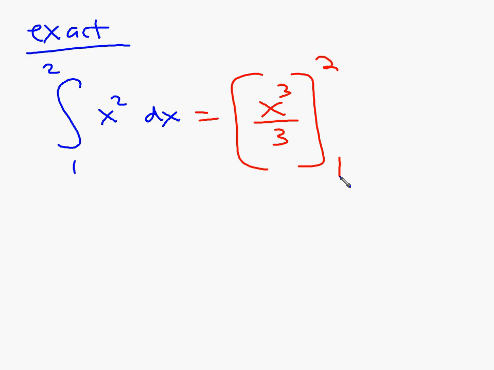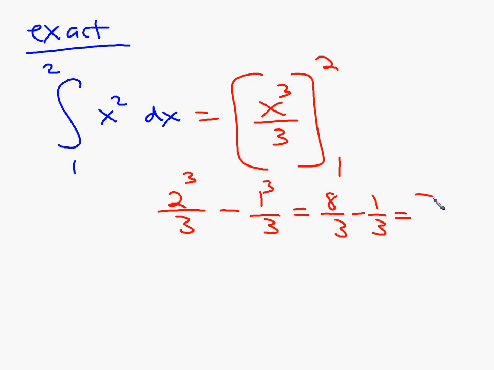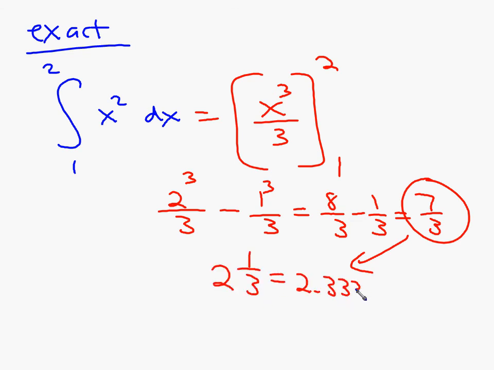So that's going to be 2 cubed over 3 minus 1 cubed over 3, which is 8/3 minus 1/3, which is 7/3. So this is the same thing as 2 1/3, or 2.33 repeating. That's the exact value of that definite integral.